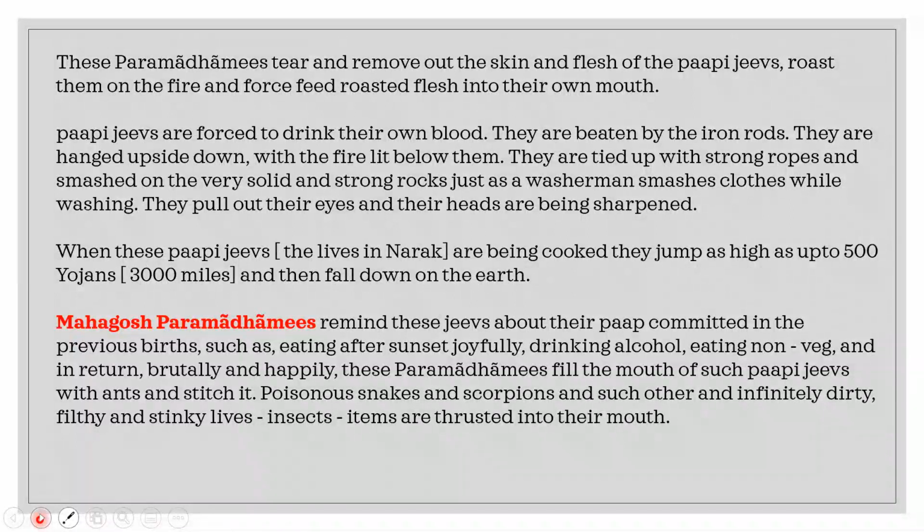And what they do is they fill the mouth of the jeeves of Narkis with various ants, scorpions, and snakes and stitch the mouth. That is what the Mahaghosh Parmadhamis they do after reminding the jeeves of Narkis.